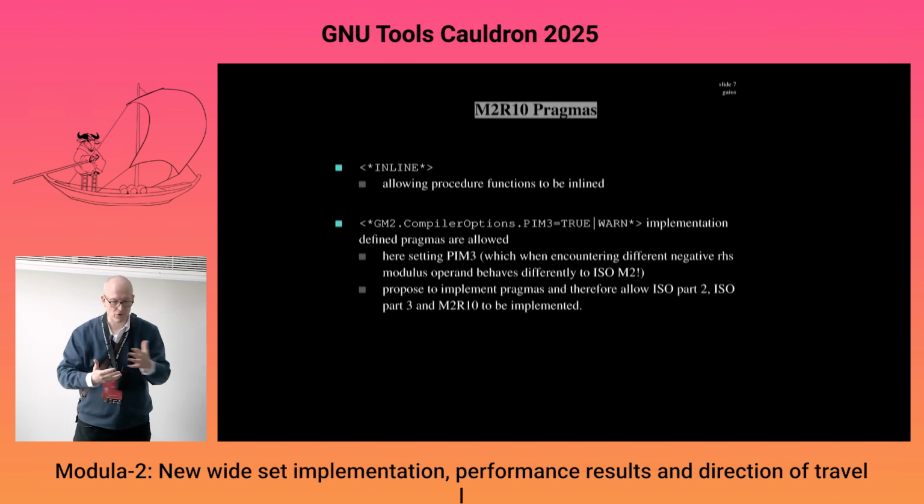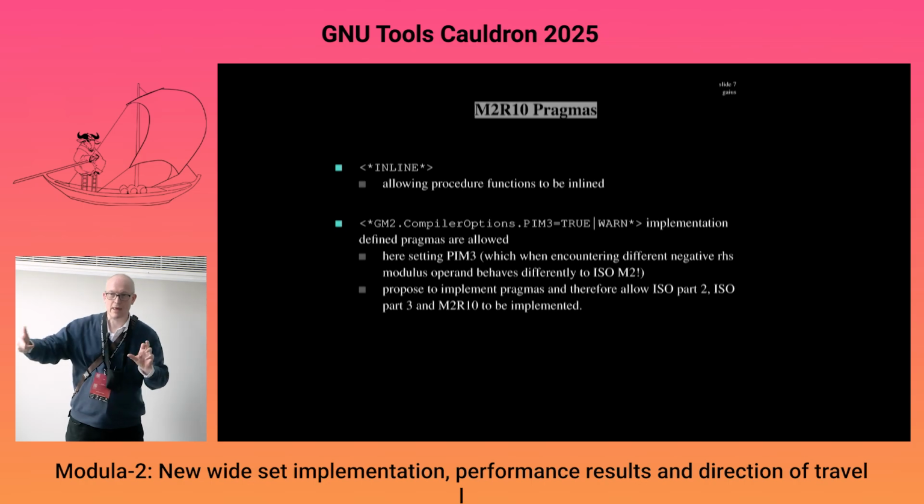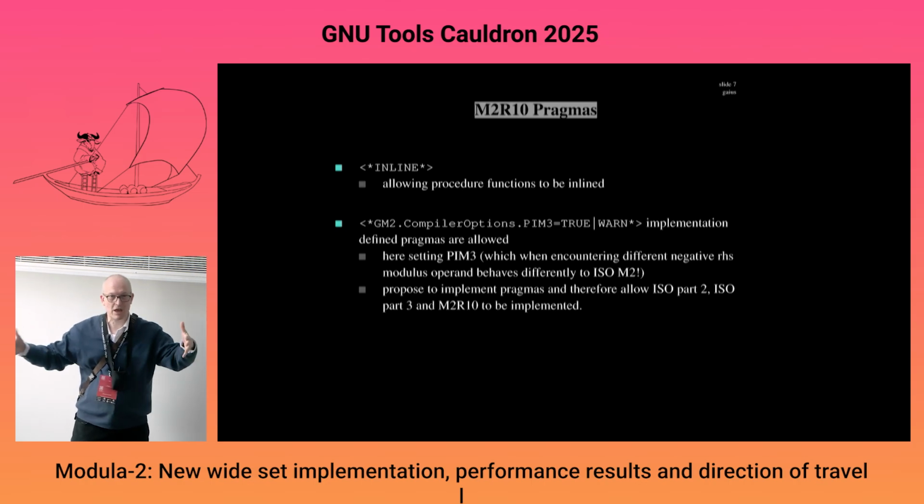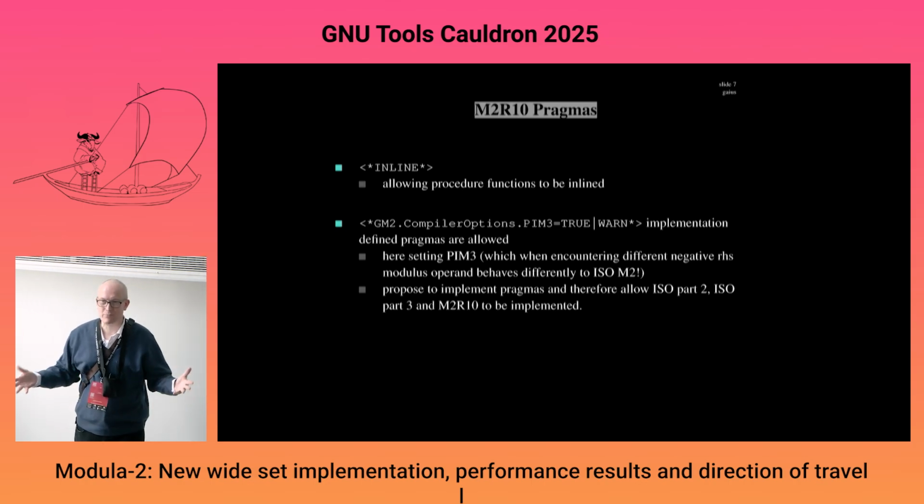But if we put the flags in there, we could actually get correct behavior. If you use Modula 2 with negative modulus operands, then PIM3 defines it differently to PIM4, and PIM4 is the same as ISO. So at the edges, the mathematical operations have different behavioral characteristics.